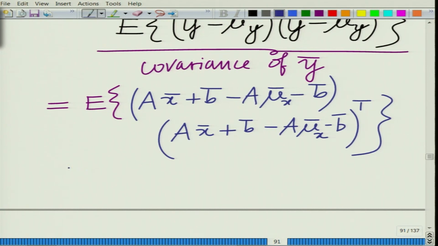which is equal to, now the b bars cancel, you can clearly see that.